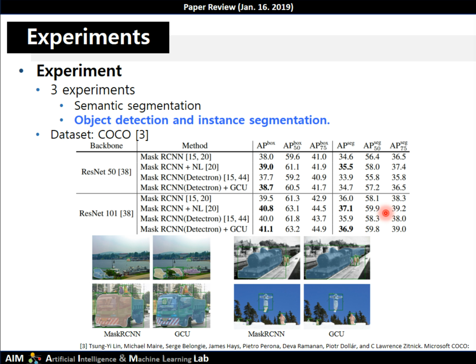GCU improves the performance over Mask-RCNN for both detection and instance segmentation. One of the failure modes of GCU is the missed detection of small, out-of-context objects such as skis in the sky. This is again due to the diffuse local features in GCU.